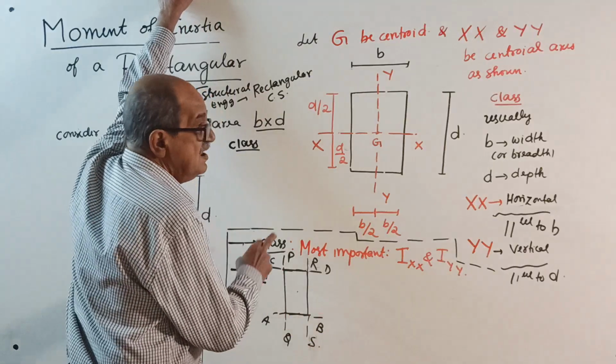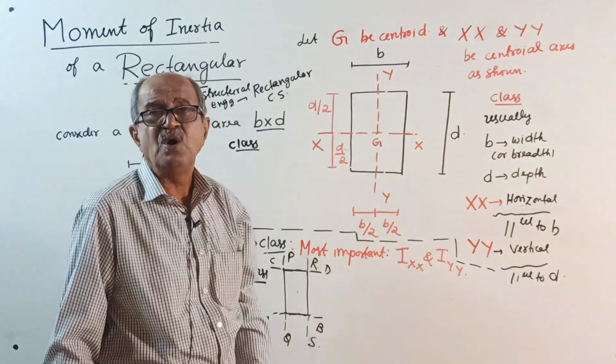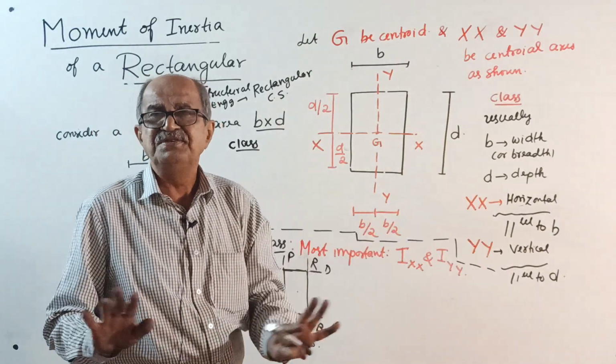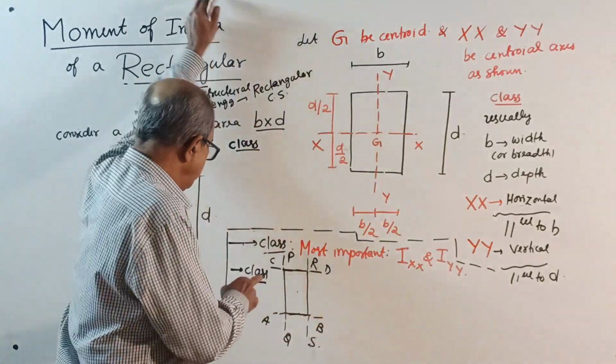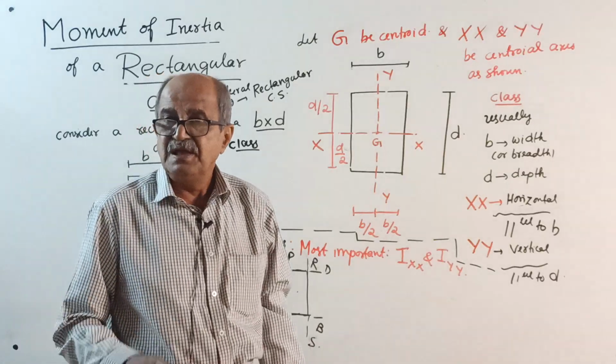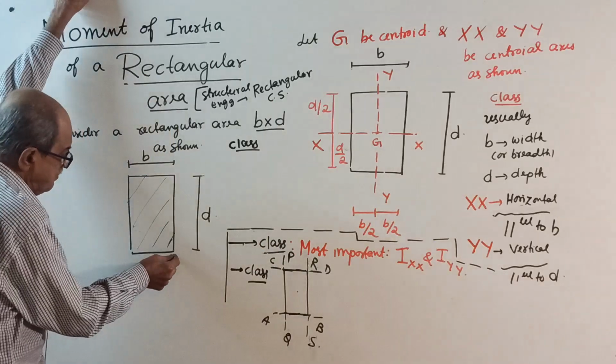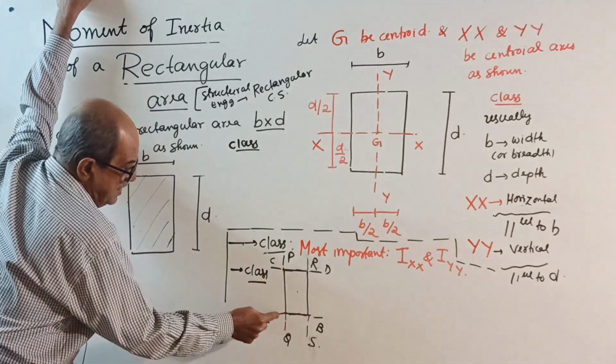But class, I should tell, sometimes in competitive examinations, structurally we don't consider it. We should write here. But in competitive examinations, especially, they will ask, what is moment of inertia about the base? Say AB, you write here.